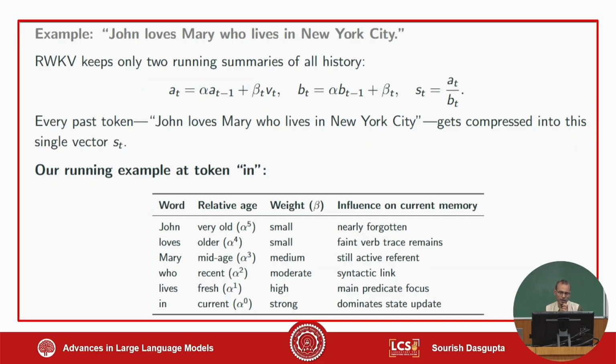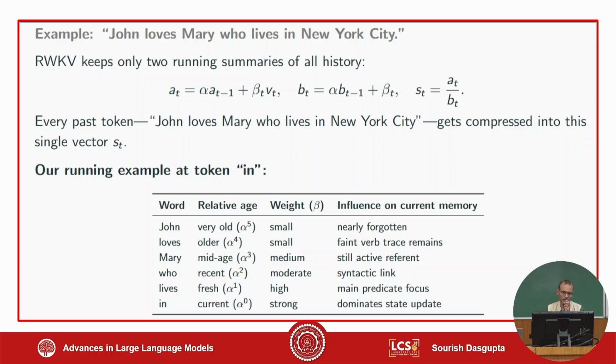Then you get the final state s_t as some sort of a percentage of the value, which comes out of dividing a_t by b_t.